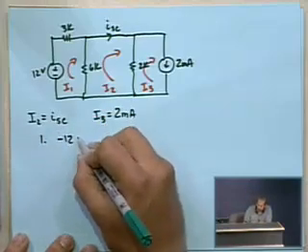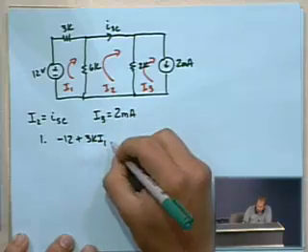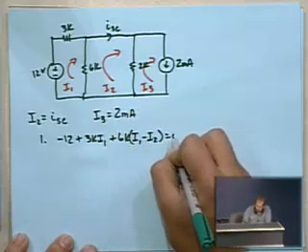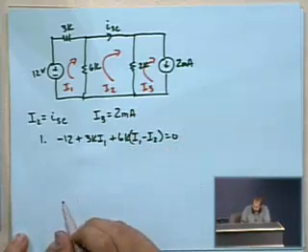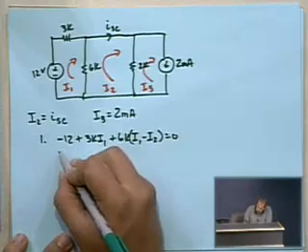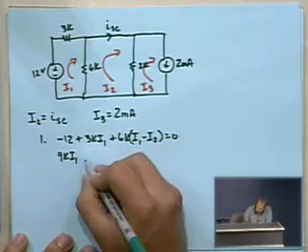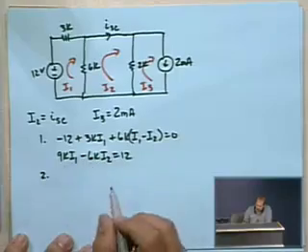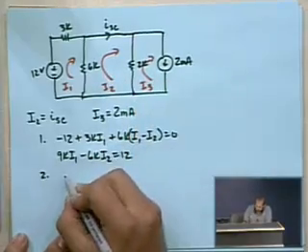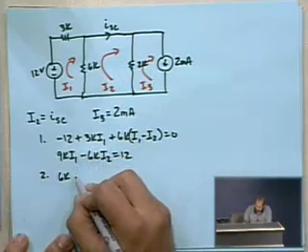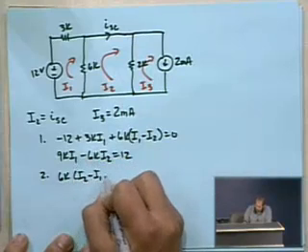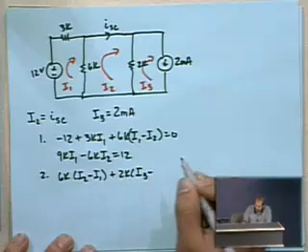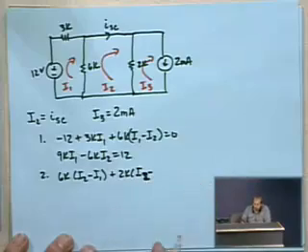First one: -12 plus 3k times I1 plus 6k times (I1 minus I2) equals 0. We can simplify that one as 9k I1 minus 6k I2 equals 12. Second loop equation: 6k times (I2 minus I1), and then 2k times (I2 minus I3).